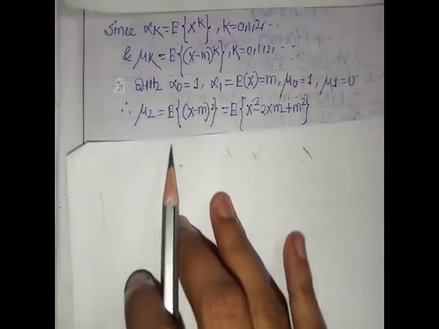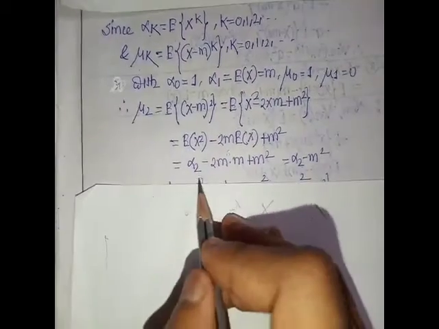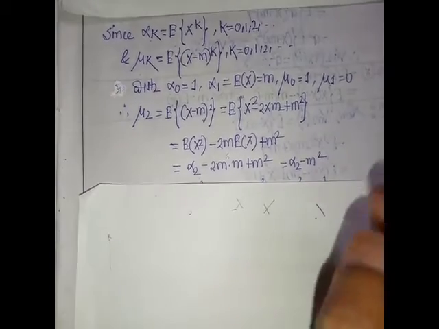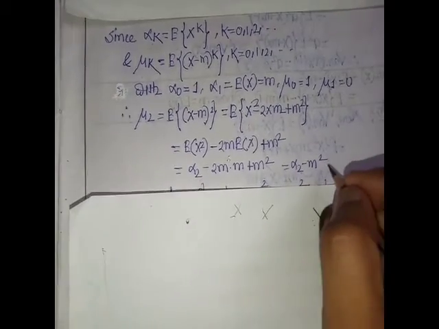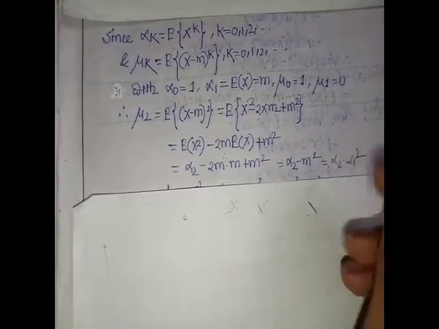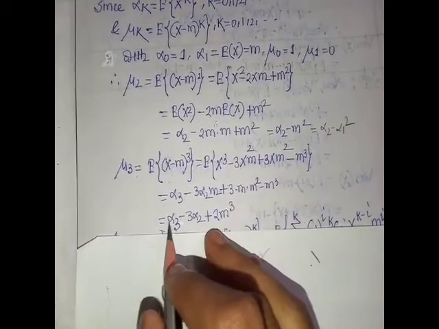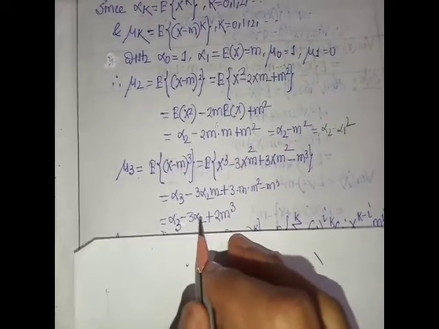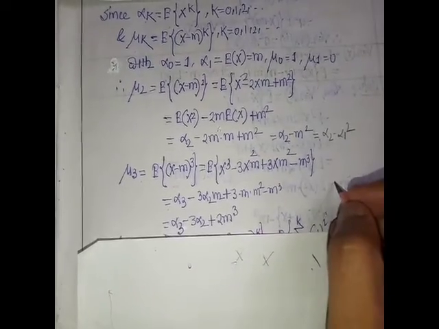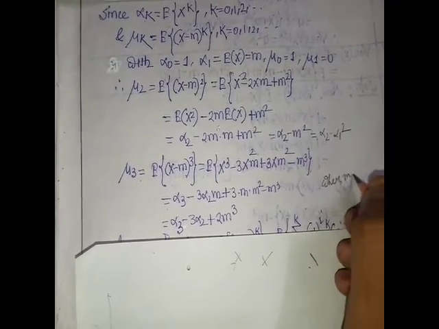We get mu 2 equal to alpha 2 minus m square, where m means alpha 1, so alpha 2 minus alpha 1 square, and mu 3 equal to alpha 3 minus 3 alpha 2 m plus 2 m cube, where m equal to alpha 1.